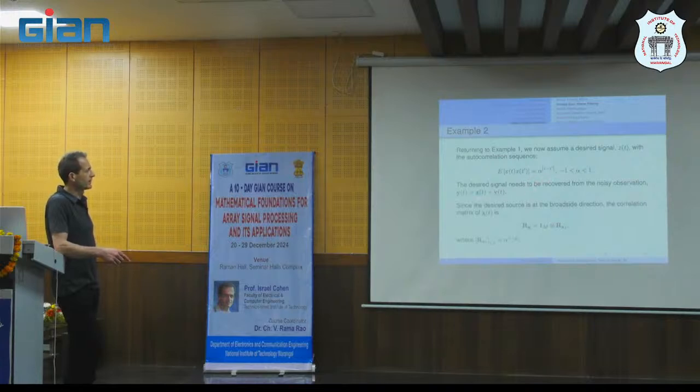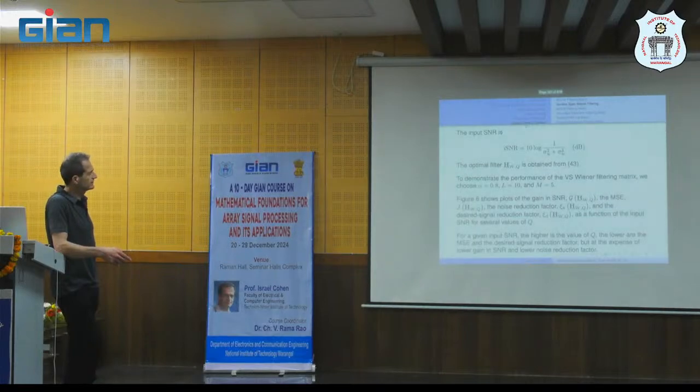Okay? And for this example, suppose that we have the desired signal that comes, let's say in example 2, from the broadside. And we have interference and also thermal noise, and the interference comes from the endfire.